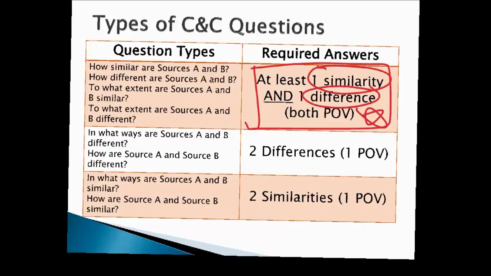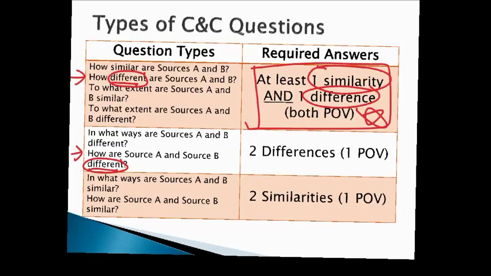The second type is in what ways are sources A and B different? Or how are sources A and B different? Please take note. These two questions here are very similar. The only different thing is that the word different here happens as the second word, and this one happens as the last word.